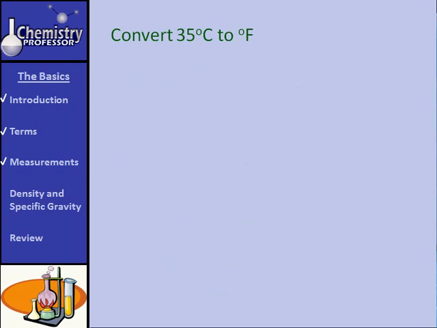Here is a straightforward problem in which you're asked to convert 35 degrees Celsius to degrees Fahrenheit. It's relatively simple if you remember the formula. Do you remember the formula that degrees Fahrenheit is equal to 9/5 times degrees Celsius plus 32? Do you recall that the 9/5 comes from 180 over 100 being reduced to 9/5?